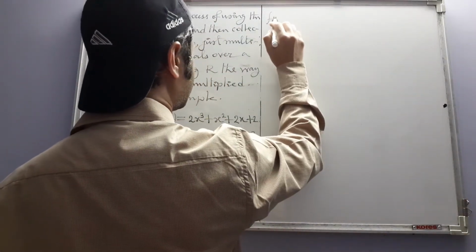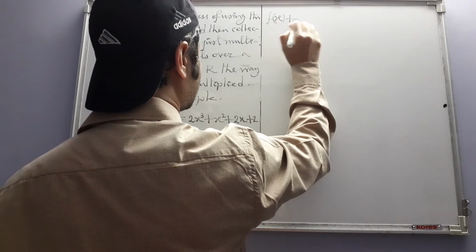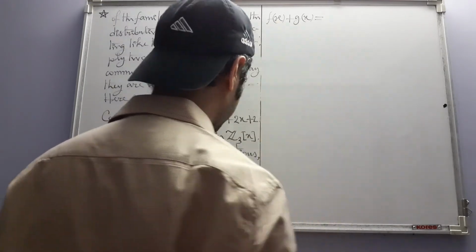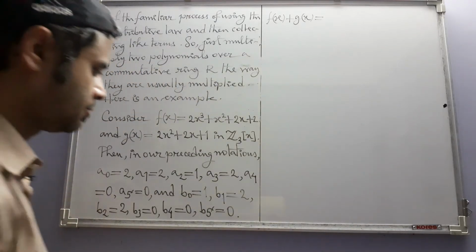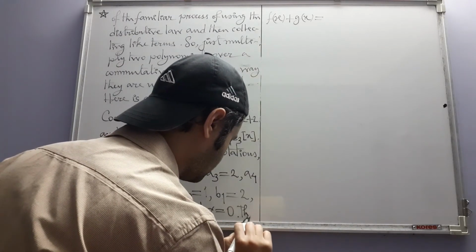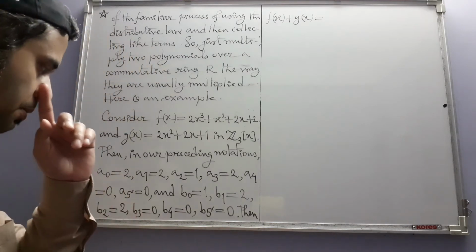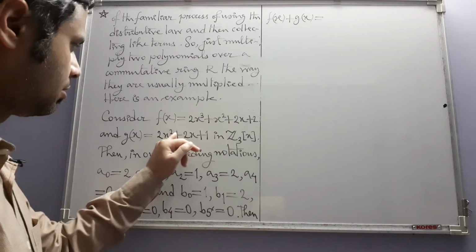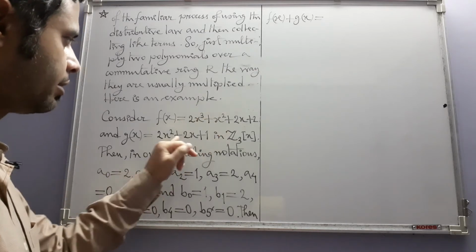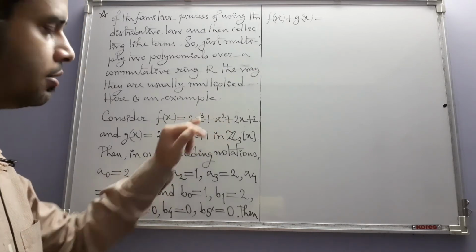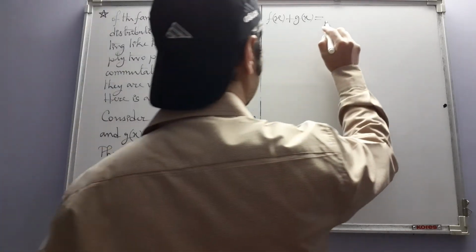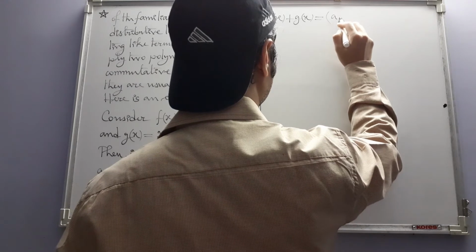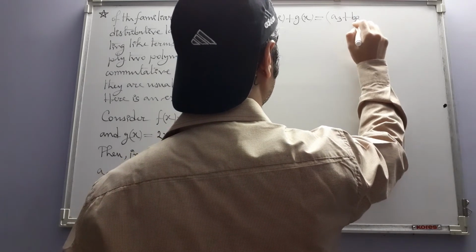Then f(x) plus g(x), we can write here. To calculate f(x) plus g(x), you have to see the larger among this n and m. So here it is 3.